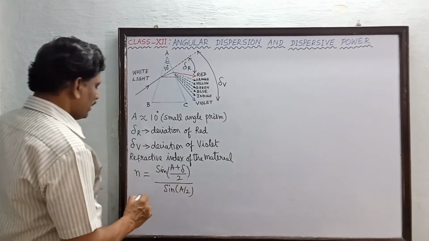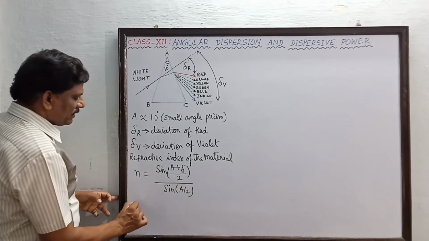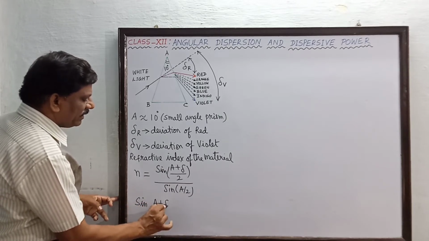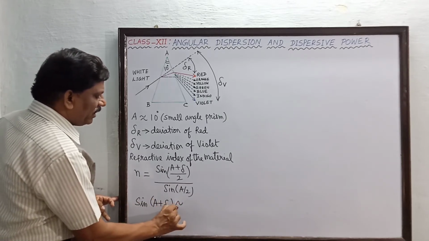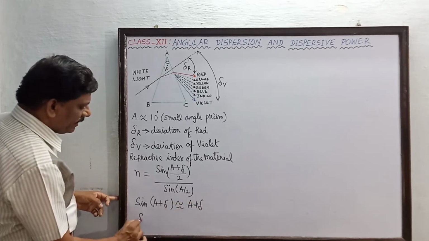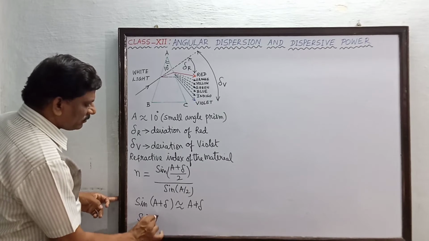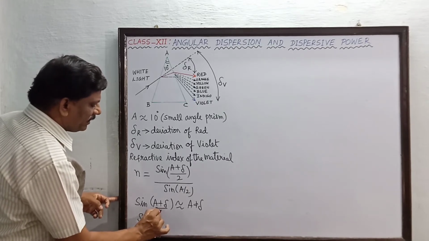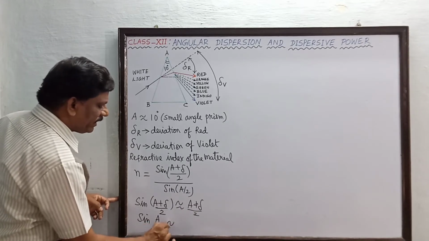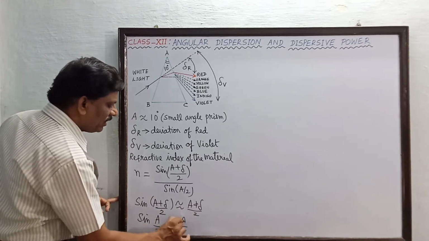Understand that? Therefore, here sine of (A plus D) by 2 is nearly equal to (A plus D) by 2 itself, and sine of A by 2 is nearly equal to A by 2 itself.